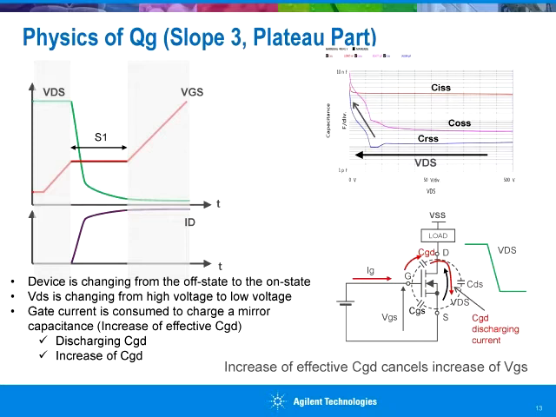Also, charge stored in the gate to drain capacitance at the off state is ejected during this transition, and it increases the effective gate to drain capacitance. It causes Miller capacitance. During this phase, gate charge is consumed to supply this discharging current. That's the reason why during this timing, the gate voltage becomes flat.